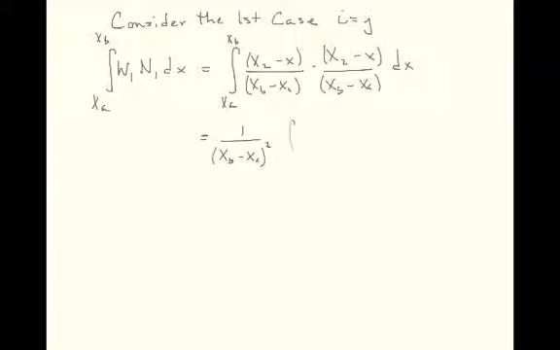Now we're left with the integral from xa to xb of x2 squared minus 2 x2 x plus x squared, dx. Step 1, integrate that.